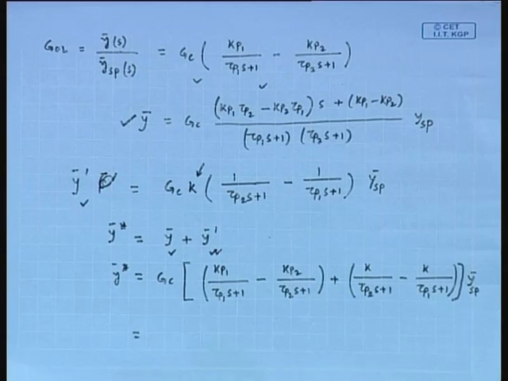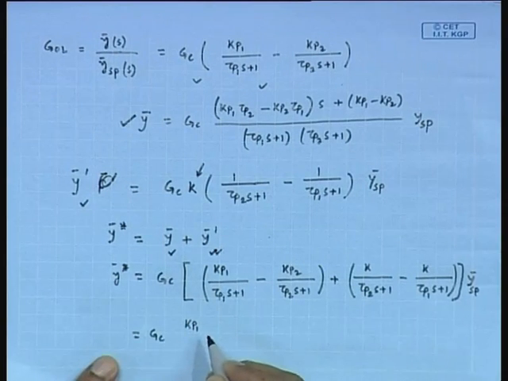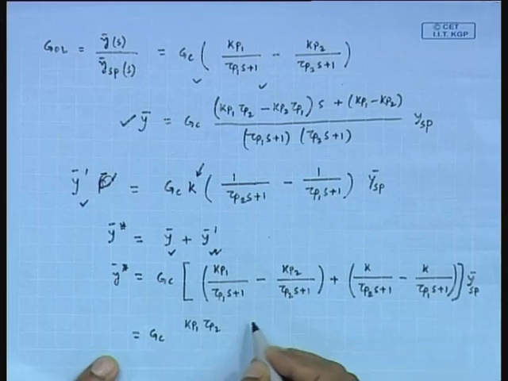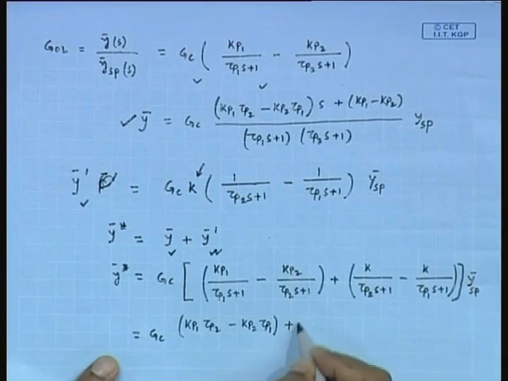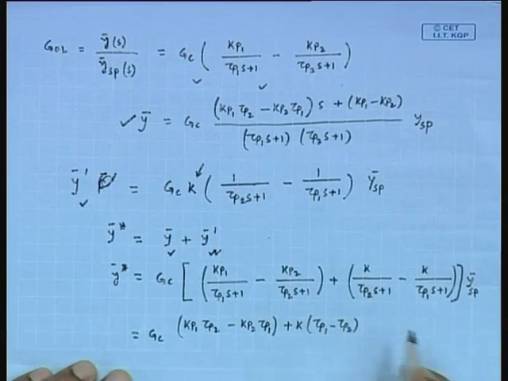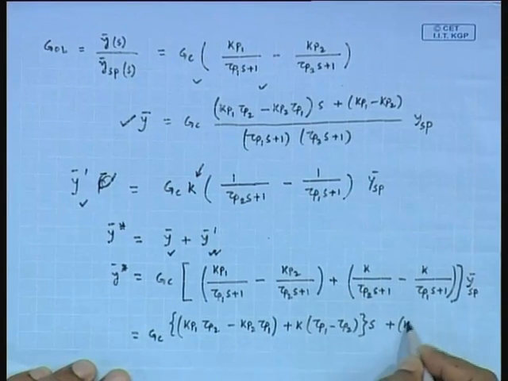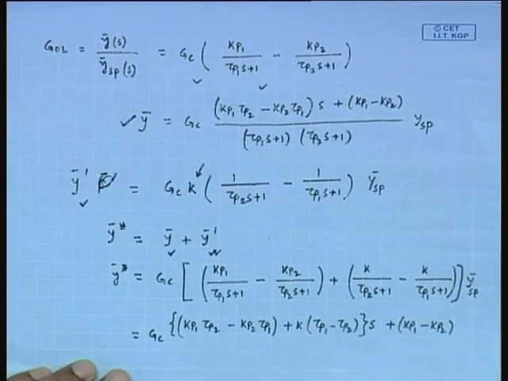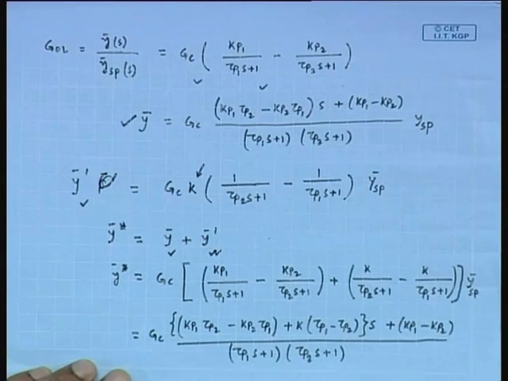We can write this as Gc multiplied by Kp1 tau p2 minus Kp2 tau p1 plus K multiplied by tau p1 minus tau p2, S plus Kp1 minus Kp2, divided by tau p1 s plus 1, tau p2 s plus 1, y set point.